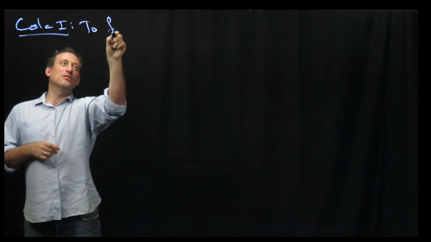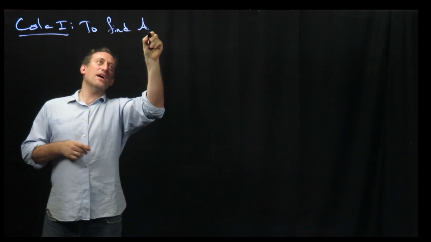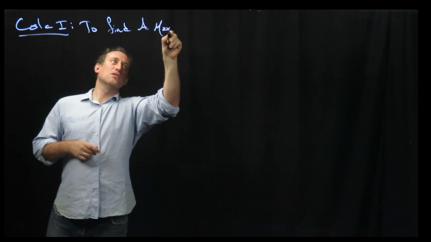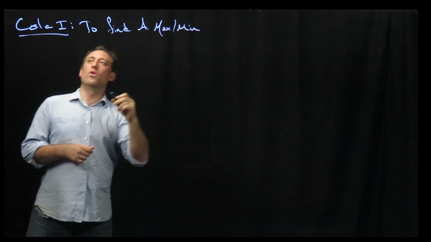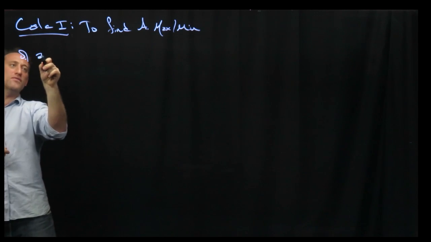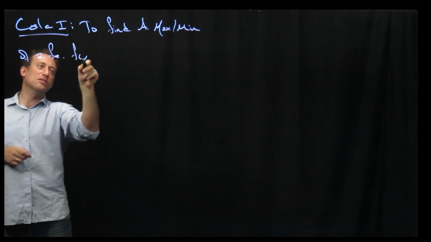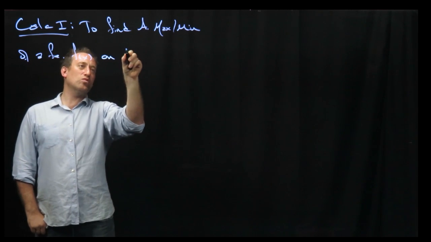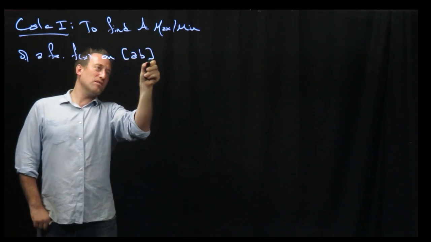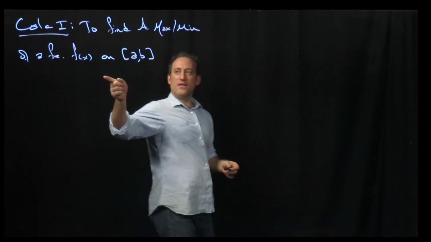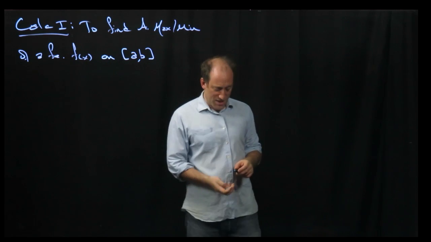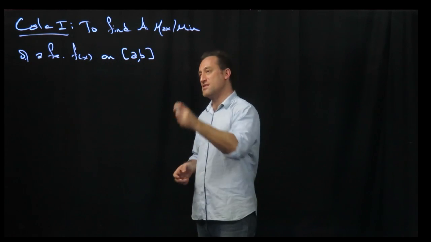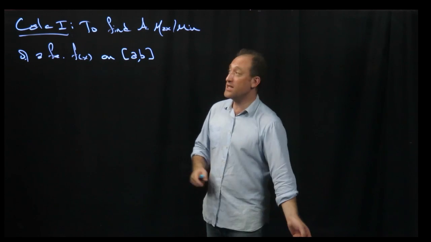Namely, to find an absolute max or min of a function f of x, it is important that we look for the absolute on a closed interval. Weird things happen when it's not. You maybe played with that in Calc 1.